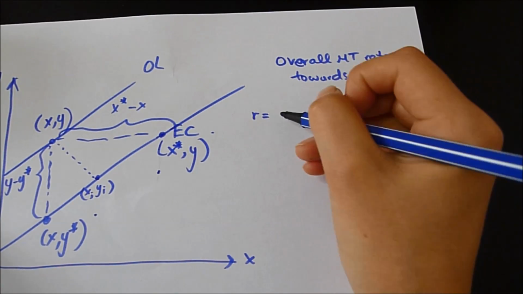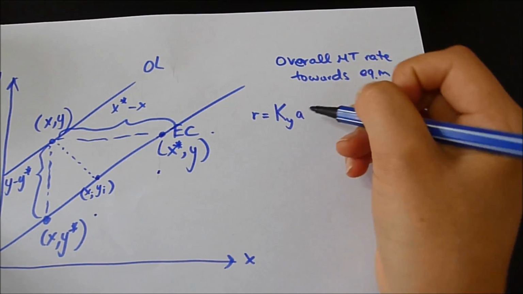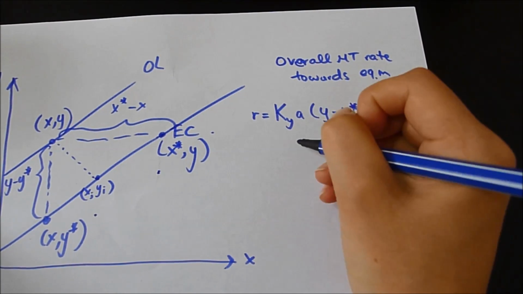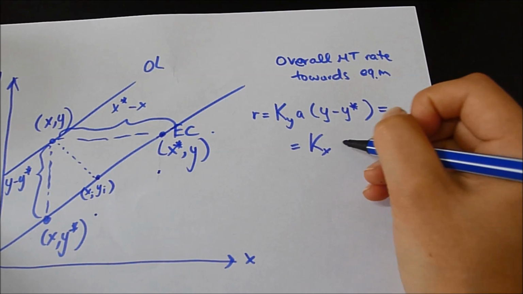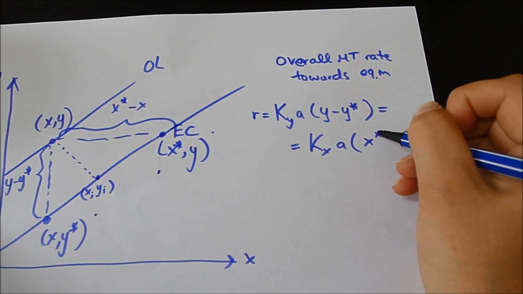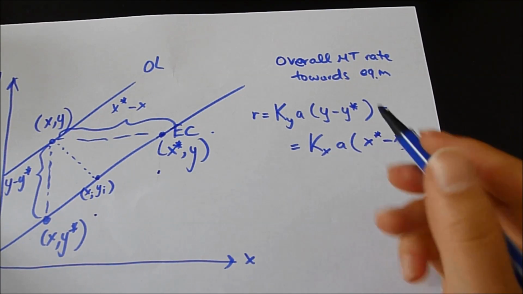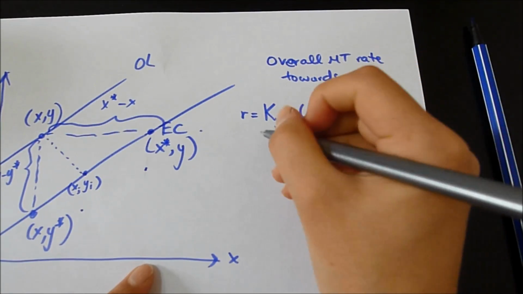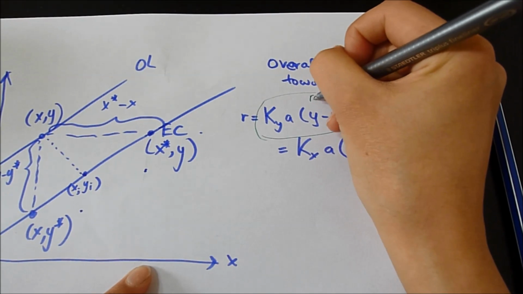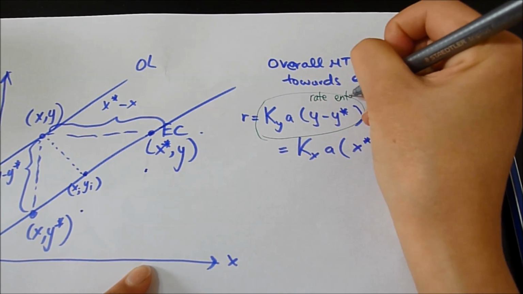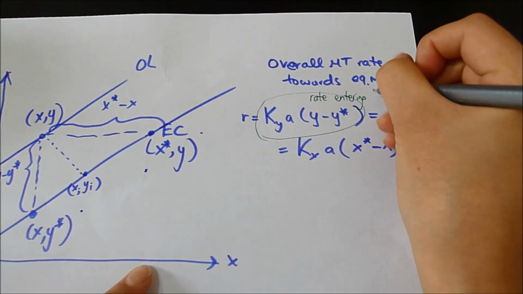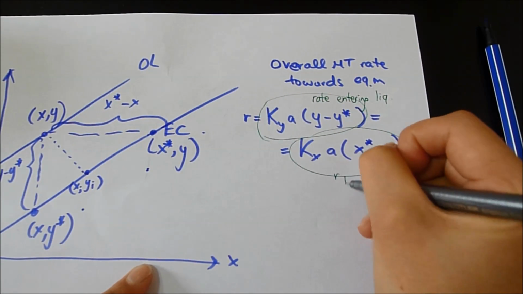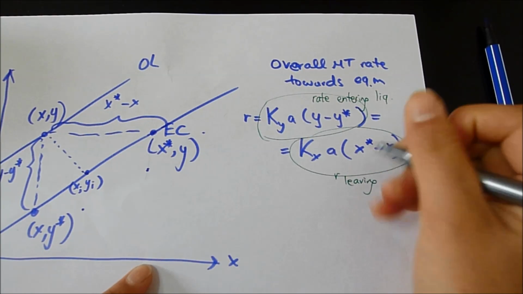So R is equal to big KYA times Y minus Y star equals big KXA times X star minus X. So this bit is the rate entering liquid, and this part is the rate leaving liquid.